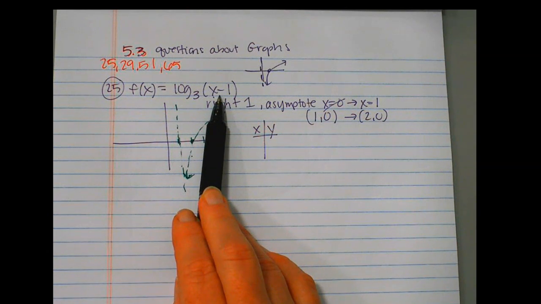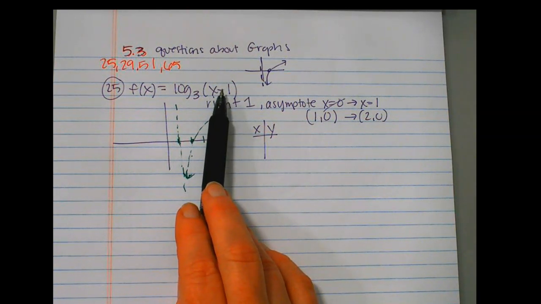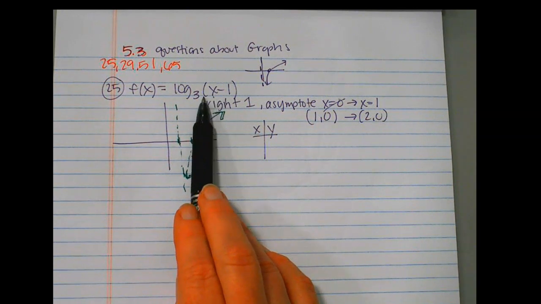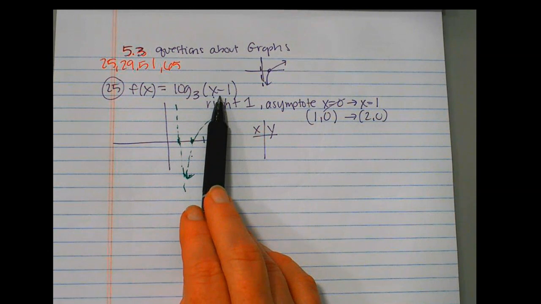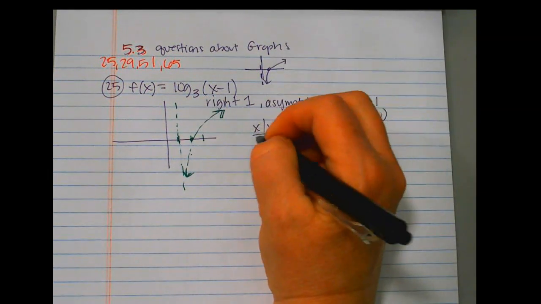Is 2 a good number to use for the base of 3? No, because I need this to be like either 1/3 or 3 or 9 or 27, something that has to do with 3 as a base. So what number can I plug in here that would give me 3 as a base? 4. 4 is great. 4 is a good choice.